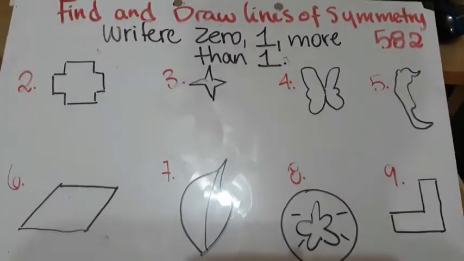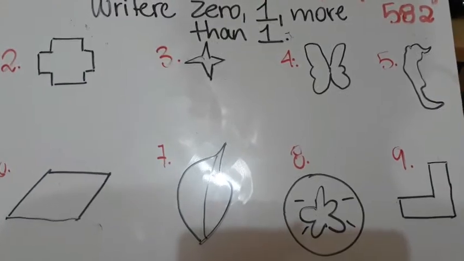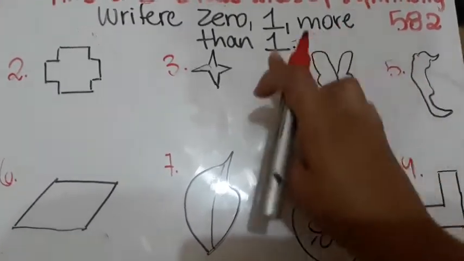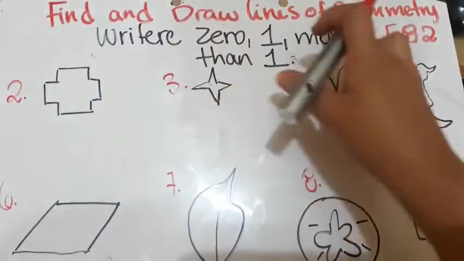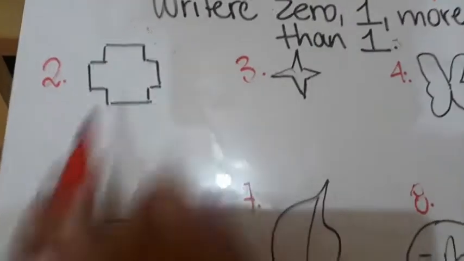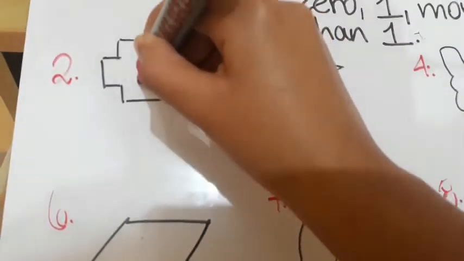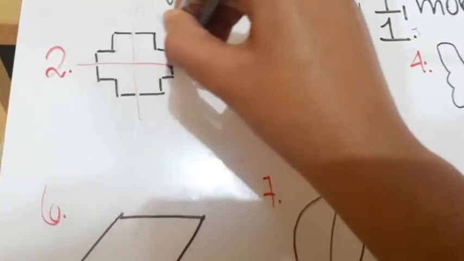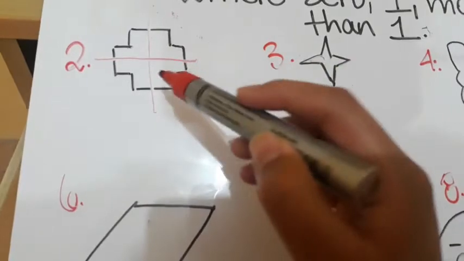Okay, let's solve the next exercise. Write 0, 1, or more than 1. What we are going to do is find lines of symmetry in these cases. For example, here I have this one. We're going to put the vertical line and the horizontal line. If you notice, I have the same here, the same here, and the same here.